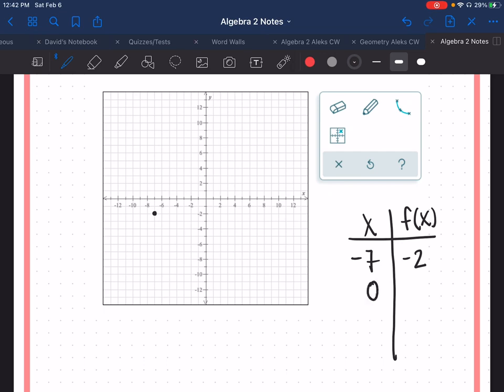You could type in next 0, -1, and Alex will put the point in for you. You'll put in 1, 0, and Alex will put the point in for you. It's just totally awesome, you guys. 2, 1. Yeah, doesn't look right. Or -1.